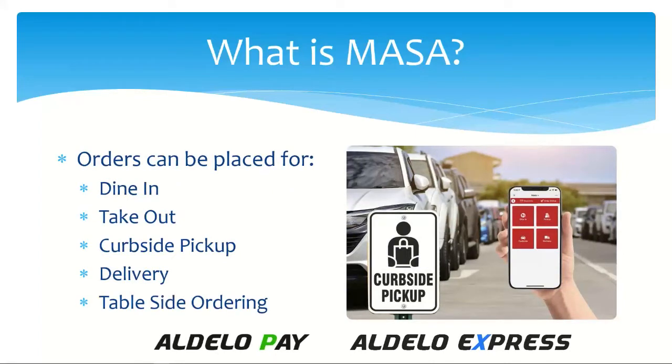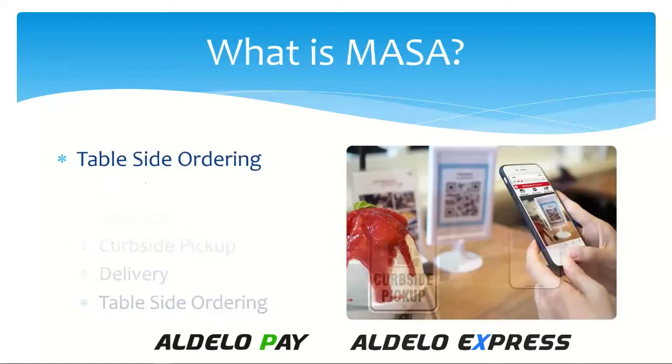So orders can be placed for dine-in, takeout, curbside pickup, delivery, or tableside ordering, all from this app. This app will allow you again to have a curbside QR code that is entered into the system and scanned.